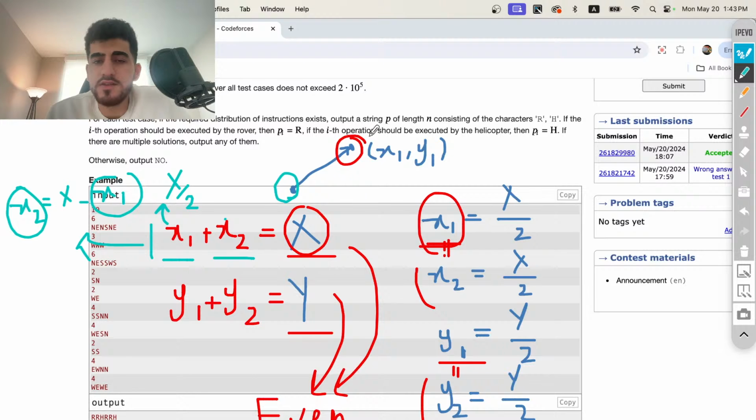If at the end one device is at this point, then the other device will definitely be at the same point, because we know that the sum of x's is fixed and the sum of y's is fixed as well. So when we know the location of one device, the location of the other device is uniquely determined. If one of the devices is in the correct position, the other one is definitely in a correct position as well. That's all I'm saying.